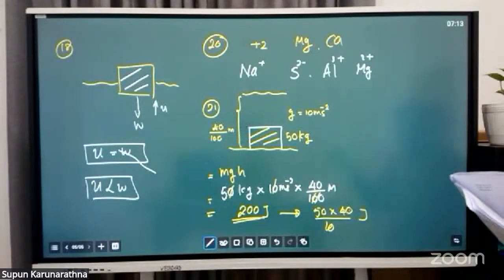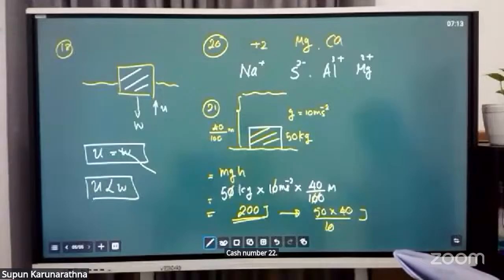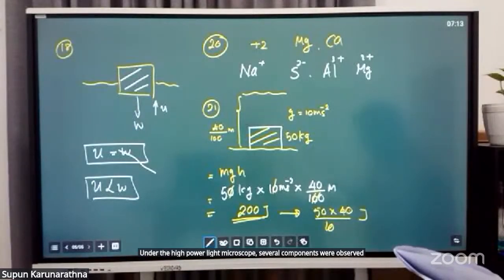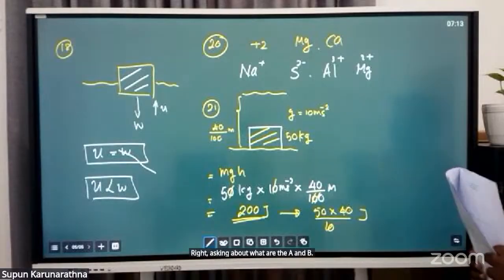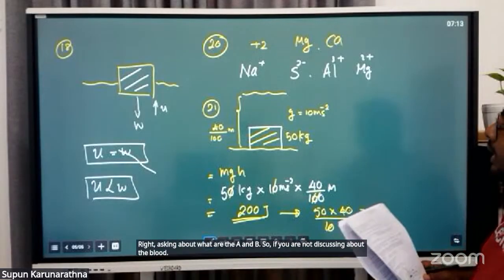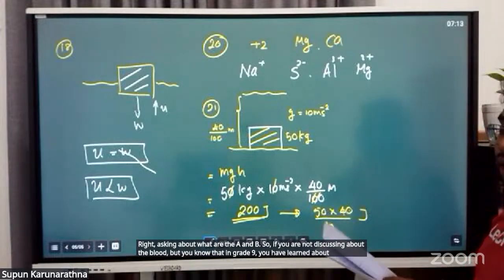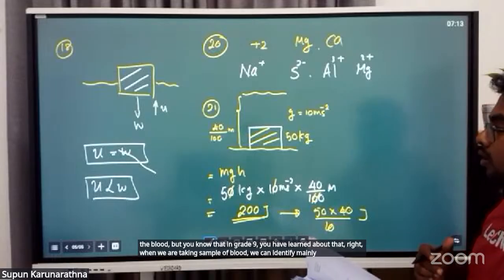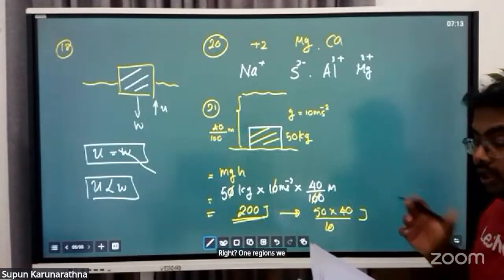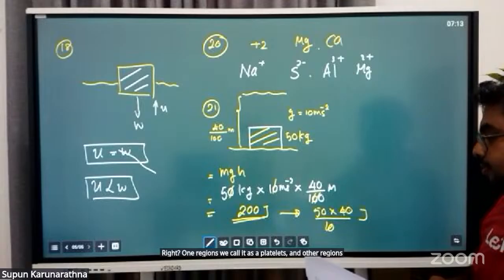Question number 22. When a specimen of blood was observed under a high power light microscope, several components were observed, A and B. What are A and B? You learned about this in grade 9. When we take a sample of blood, we can mainly identify two regions: plasma and corpuscles.